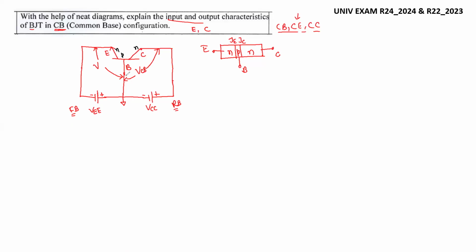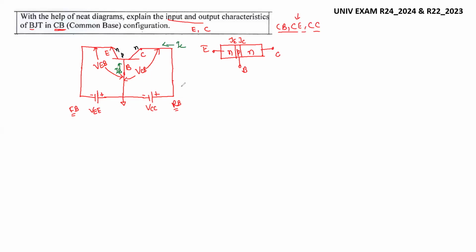Sorry, here we have taken the common base, right? So what will we write here? VEB. We are talking only about the common base configuration here. Here we have positive, negative; all the symbols we have to give for how the current flow takes place. The base current direction will be here, this will be IB, and the collector current will be IC.